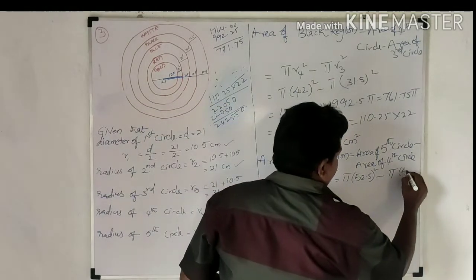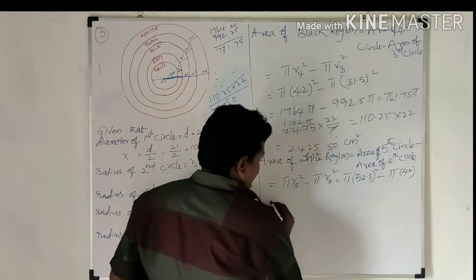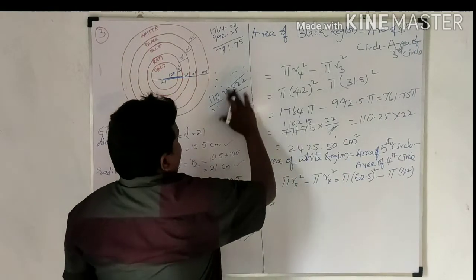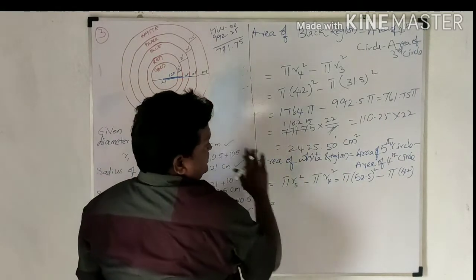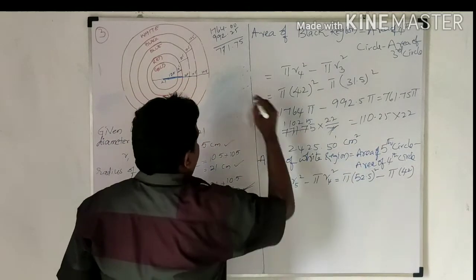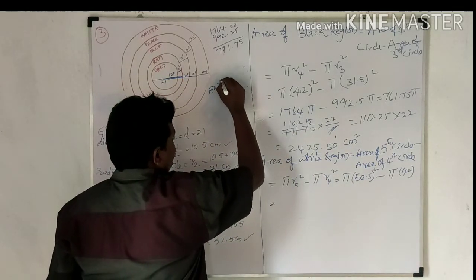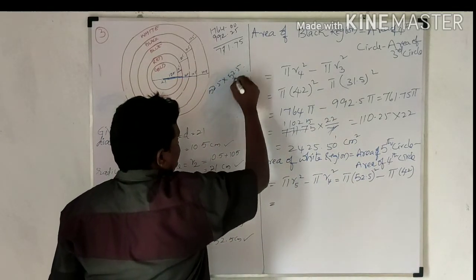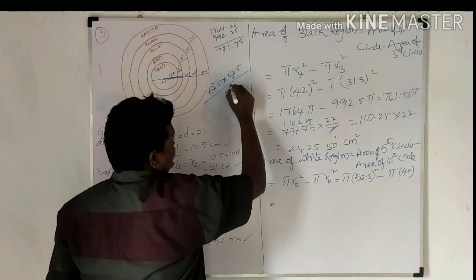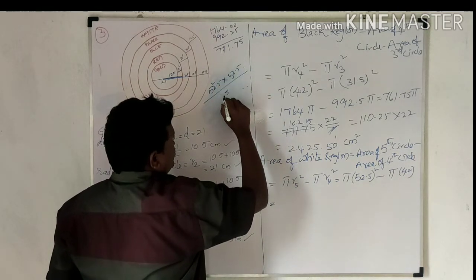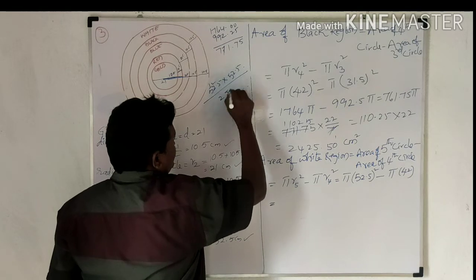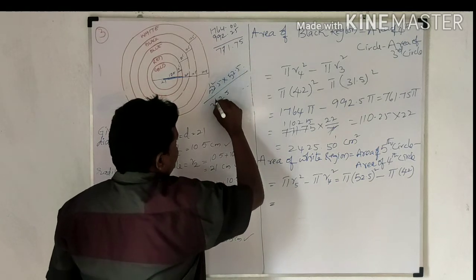Now we have to multiply 52.5 into 52.5. 5 5s are 25, 5 2s are 10, 10 plus 2 is 12. Again 5 5s are 25, plus 1 is 26.